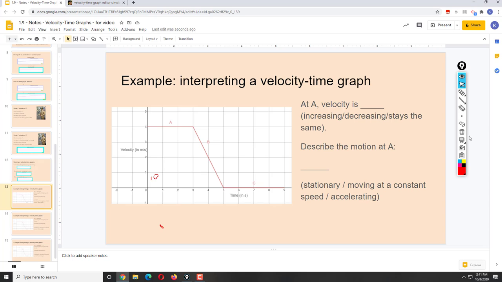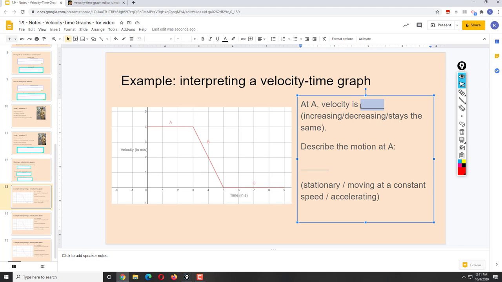Example. So at A, we see that the velocity is staying the same. The velocity is 4, so it's moving. So it's moving at a constant speed, because we know it's not 0.